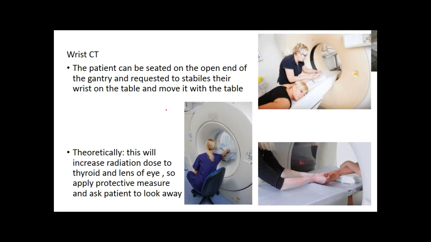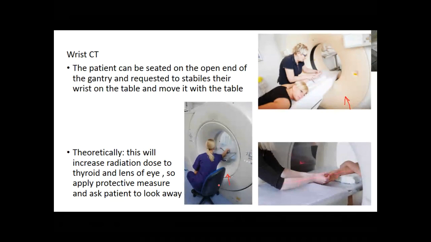This is a special recommendation for CT chest. You can do it both ways. When the patient is sitting on the end of the table, as in this position, or you can make them lie down, according to the radiologist's request.